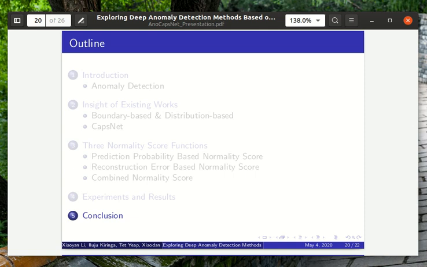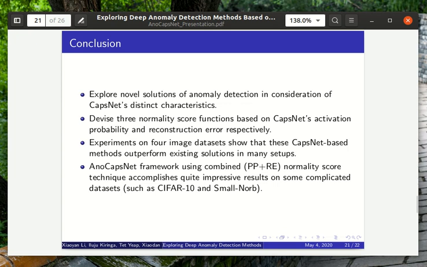Finally, let's look at the conclusion. In this paper, we explored novel solutions for anomaly detection in consideration of CapsNet's distinct characteristics. We devised 3 normality score functions based on CapsNet's activation probability and reconstruction error respectively.